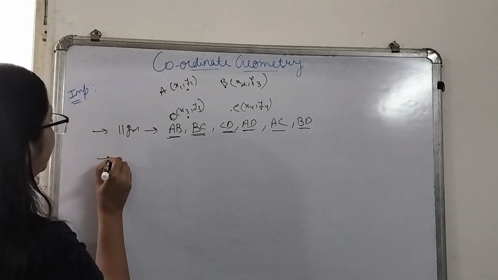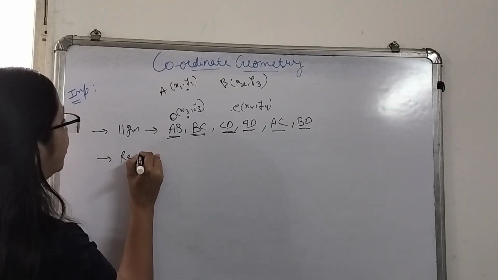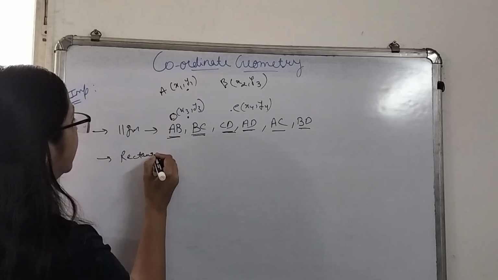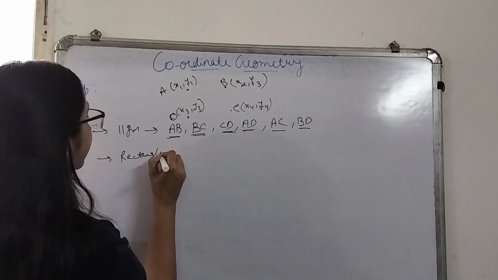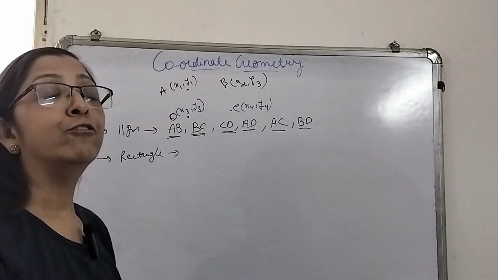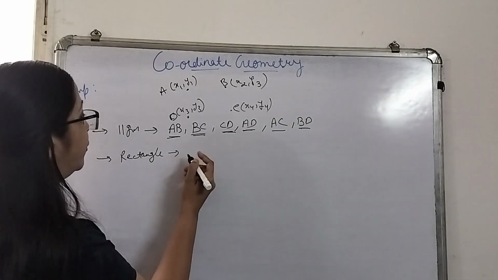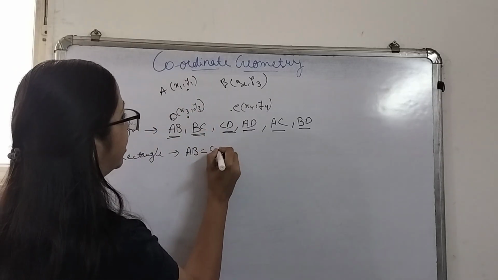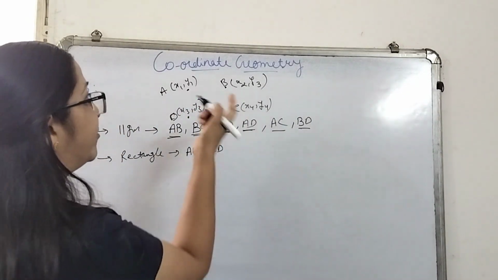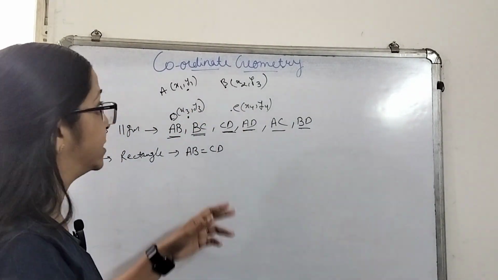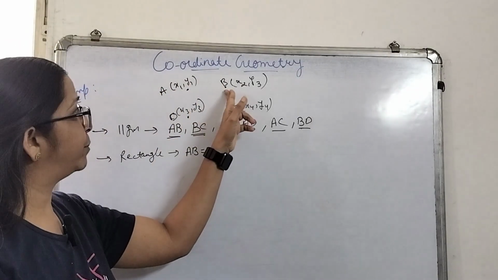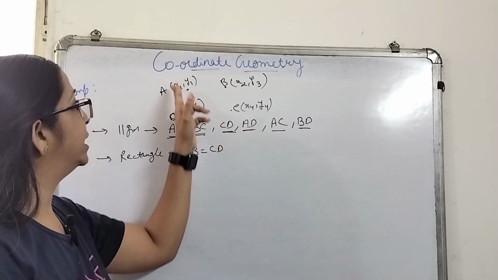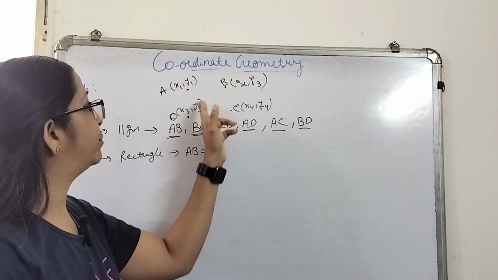If we have to prove that the figure formed by joining these 4 points is a rectangle, for that case we have to prove that the opposite sides, that is AB, will be equivalent to CD. We will be finding again all the 6 distances: AB, BC, CD, AD, AC and BD.